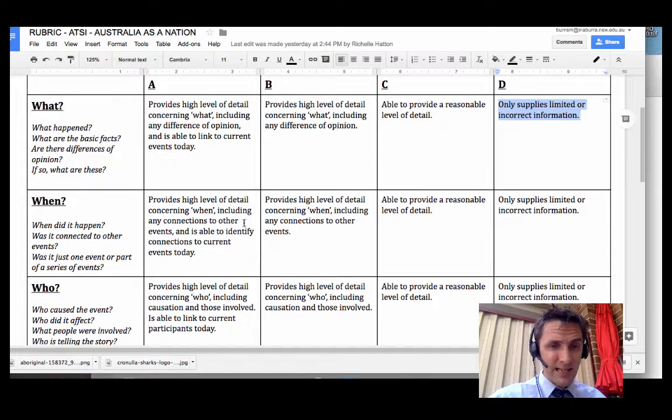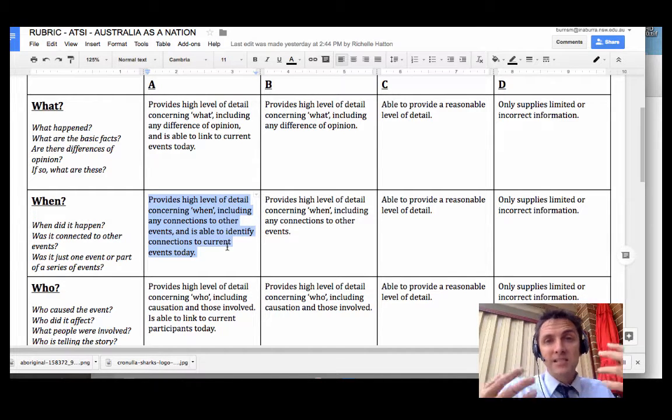Now that's largely the same for when. You want to investigate and explain when it happened. Was it connected to other events? Was it just one event or part of a series of events? And again, guys, if you're looking for an A, you're providing a high level of detail concerning when, including any connections to other events, and are there links to current events today?